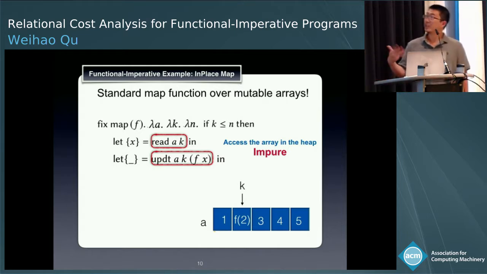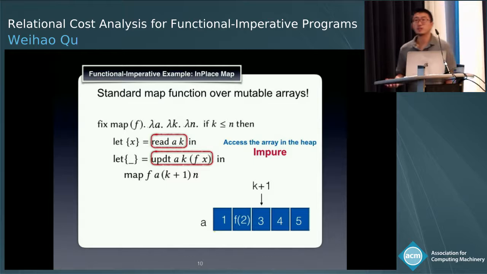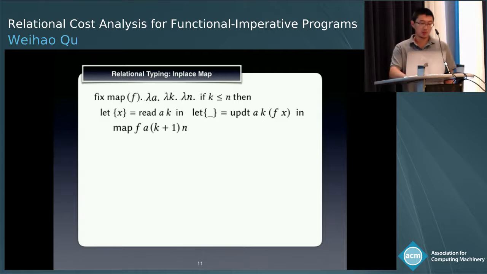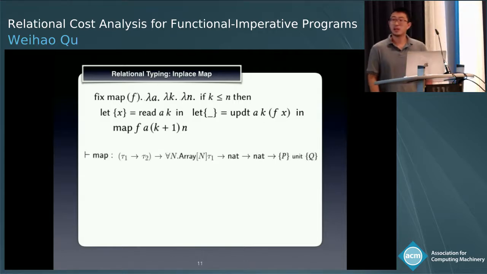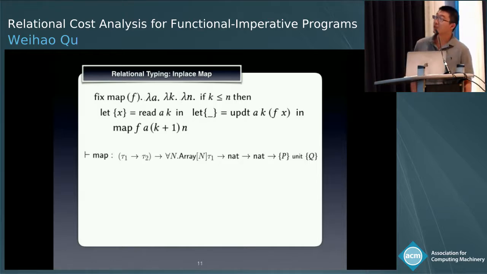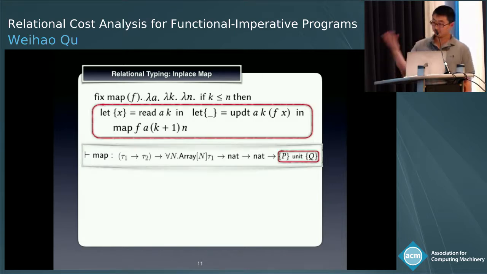After the update, the map will work over the next index to continue the mapping over the rest of the array. Now that we have seen this map function, I want to first show you a simple type of this map. The only thing I want to mention is that the function body now contains impure computations, and it will be regarded as a monadic type. And the return type of this map function will be unit.